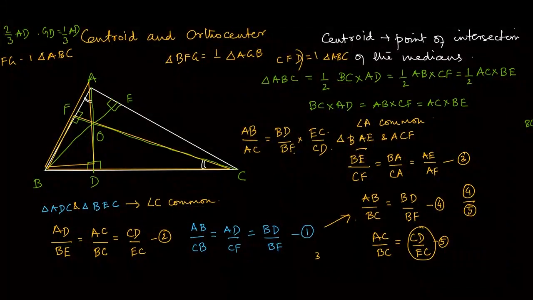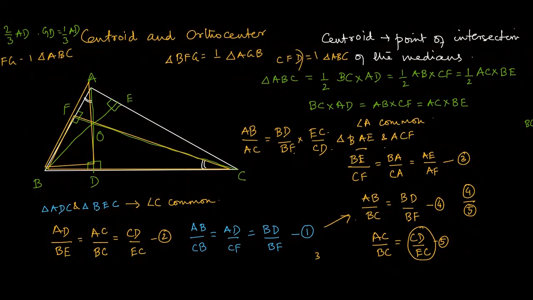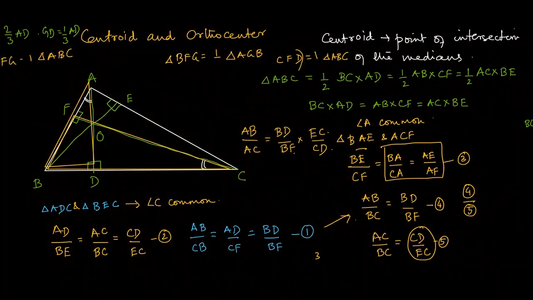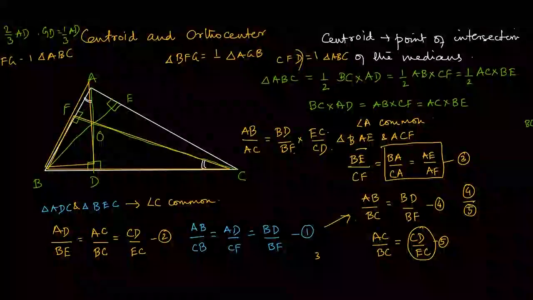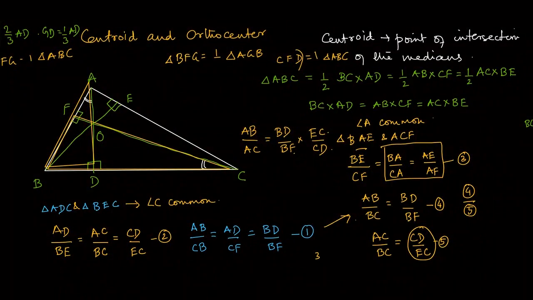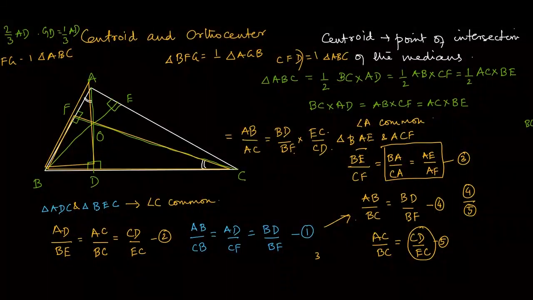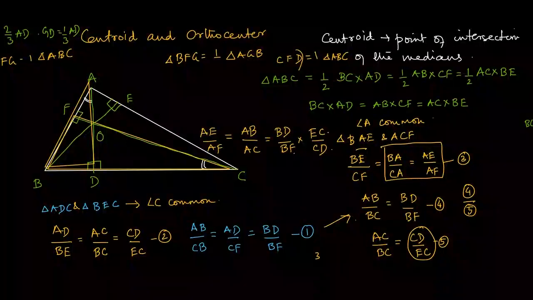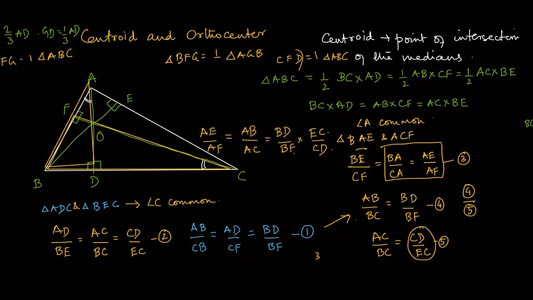And from equation 3, I can see that AB by AC is equal to AE by AF, right? So this I can write as AE by AF, correct?